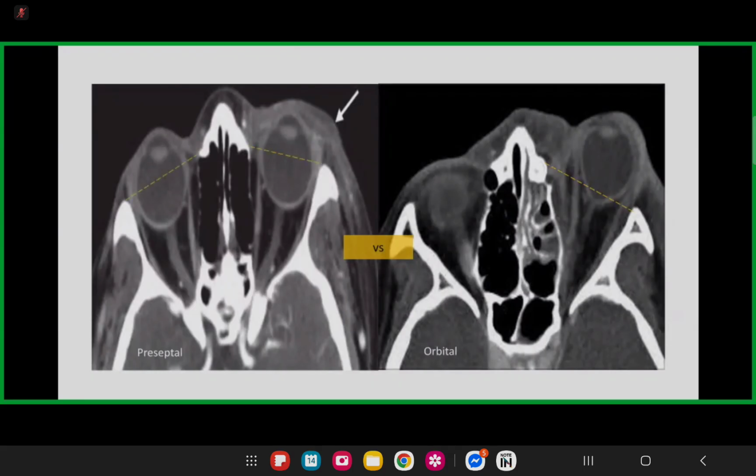If we compare it to preseptal cellulitis, which does not involve the posterior aspect, the imaginary line usually bisects the center of the globe. So on these scans, we know that the patient has proptosis when the patient has orbital cellulitis.